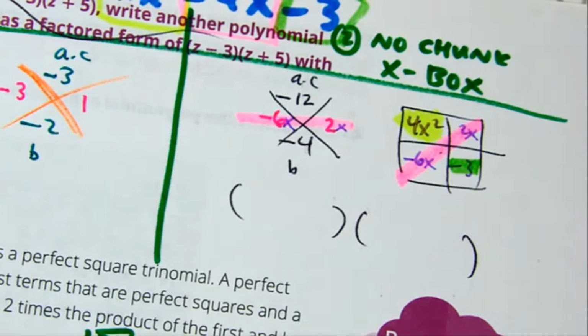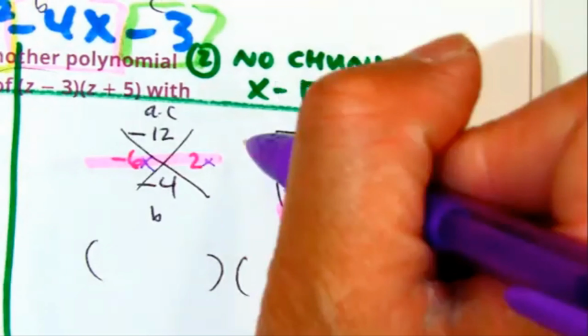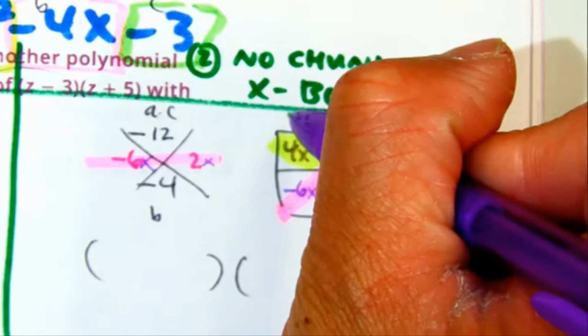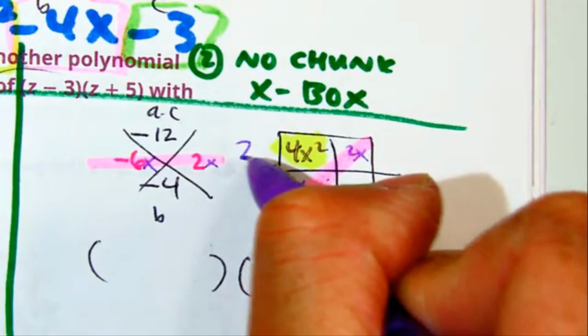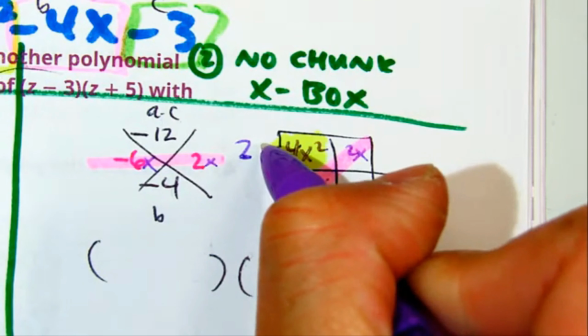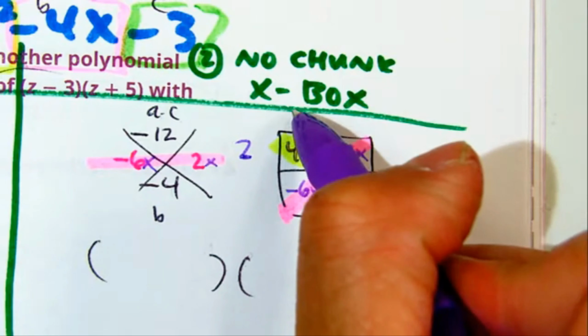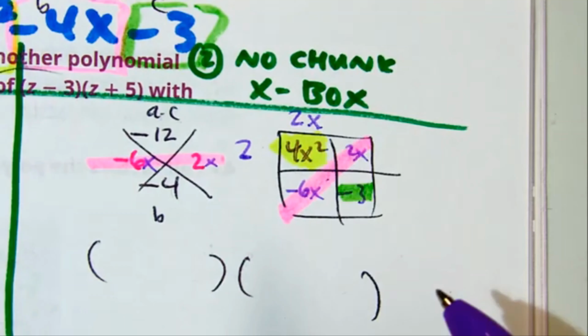And Nathan, what always goes in the bottom right? Good job. Sade, help us figure out what goes on the outside of the box. You said 2x squared? On the top, 2x? And over here?